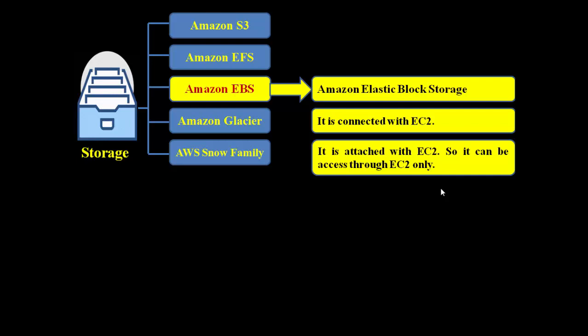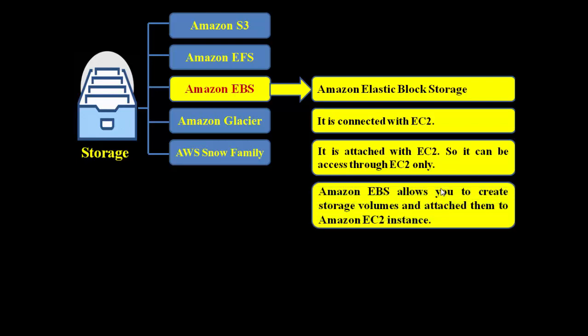So once we create our own virtual machine, it is known as one instance, and using this instance we can access data from the EBS. There is no other option. Using that we can get data from the EBS, or we can retrieve data from the EBS. So it is only possible through an EC2 instance. Amazon EBS allows you to create storage volumes and attach them to an Amazon EC2 instance.